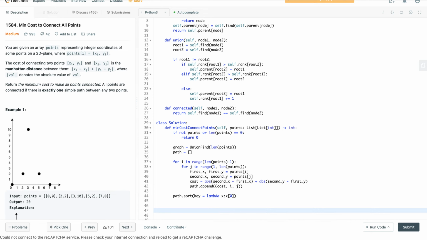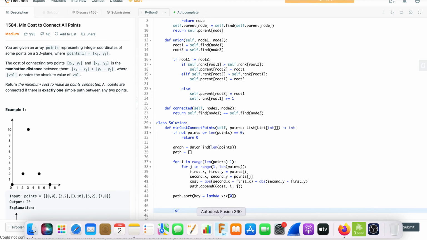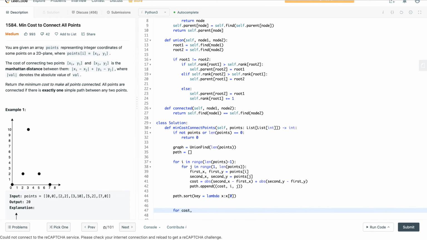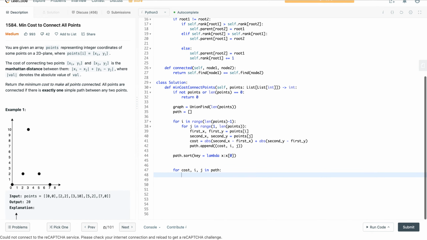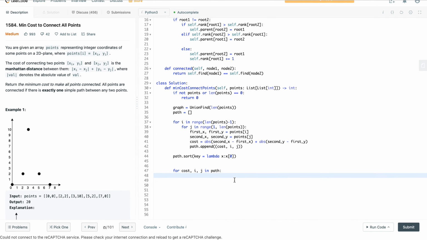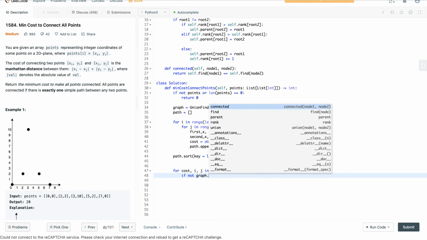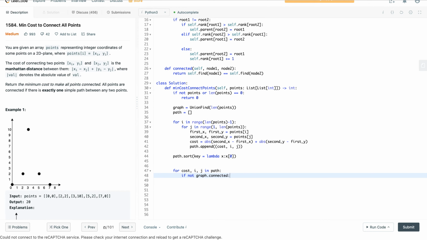And now that this is sorted, we can go through all the points in this graph with the cost. So for cost, i, j in path, we can do: if not graph.connected(i, j).